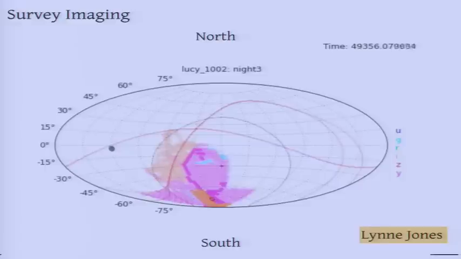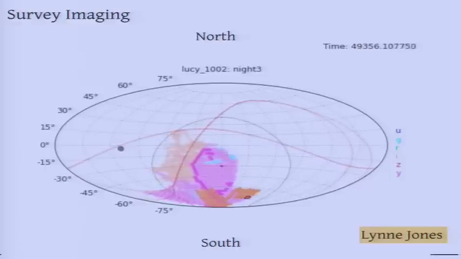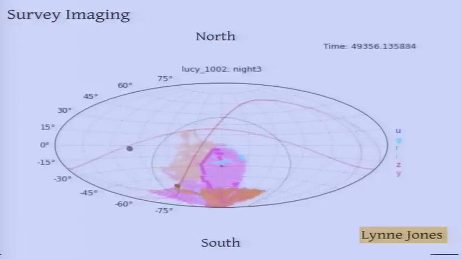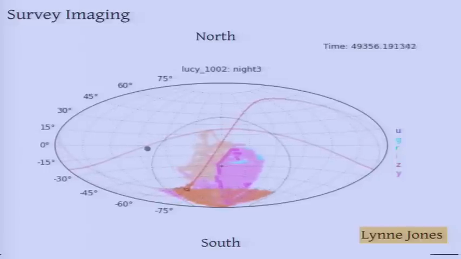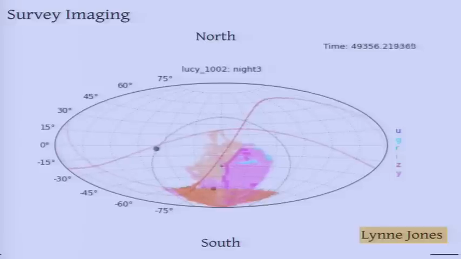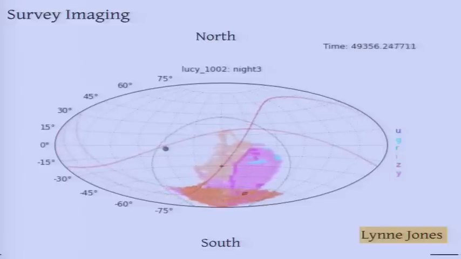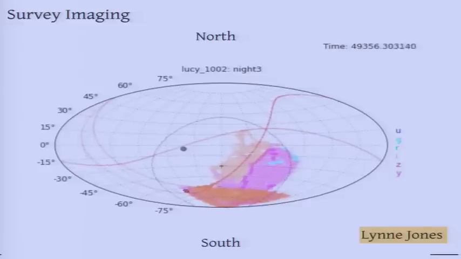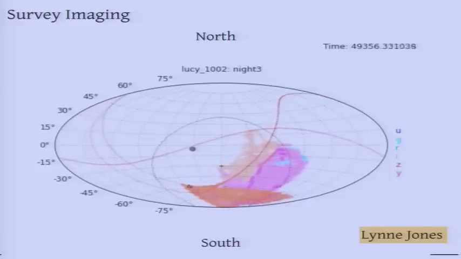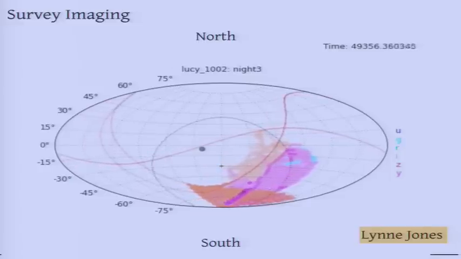You can't do that for an hour, much less for multiple nights. Here's the 4th night. Now you can see we've tiled just about the whole available sky in that period, in different filter bands, and some we've seen twice, and maybe there are some regions we haven't quite seen once. But it averages out to seeing the whole available sky every 3 or 4 nights.